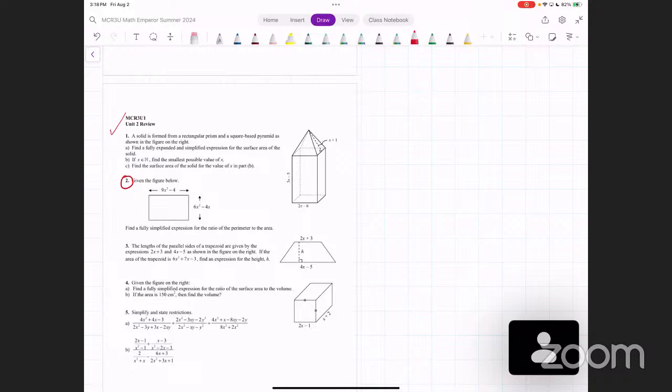You're on the right track. I'm not sure why you're raising it. That's the correct expression to start out with. Perimeter is 2 times length plus width.